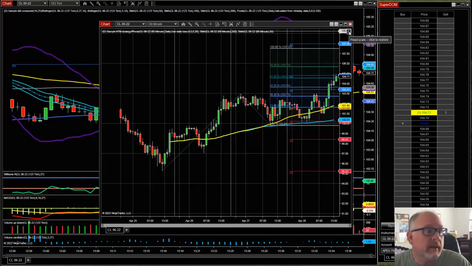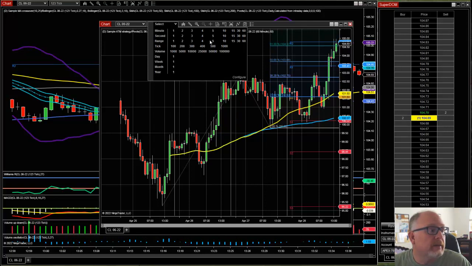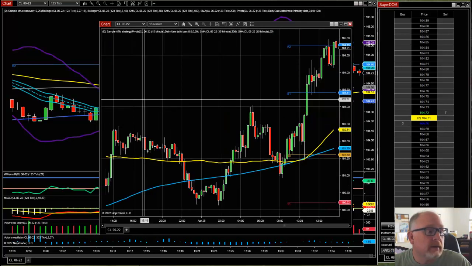Let's go back, hit the F for fixed scale, click to restore, and then let's go ahead and look at the 15-minute on this chart here and see what we see.